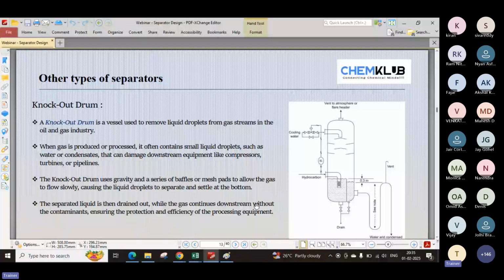Scrubber is again the same, where we contact the gases carrying some impurity with a liquid which has an affinity for that carried material, and that's how we design the scrubbers. Here we do not follow the major separation rules that we have for others. However, in the case of the flare knockout drum, they have their own guidelines.